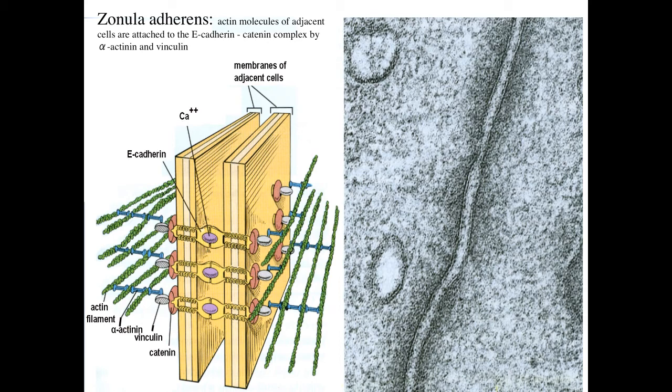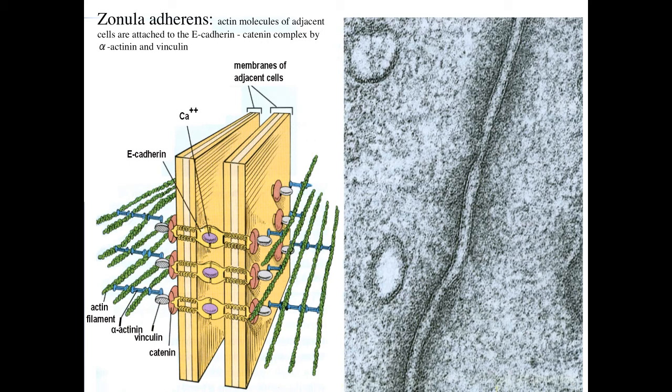Here is a diagrammatic view of the zonula adherens, showing cytoskeletal components like actin molecules in adjacent cells. So this would be a region of one cell. This would be a region of another cell. Here are the actin molecules shown in green, and various other cytoskeletal components like alpha-actinin and vinculin.